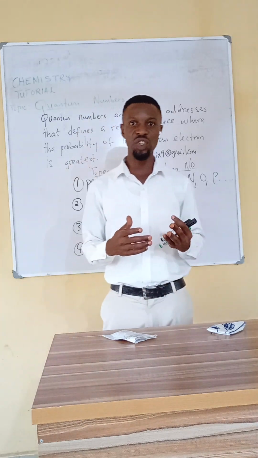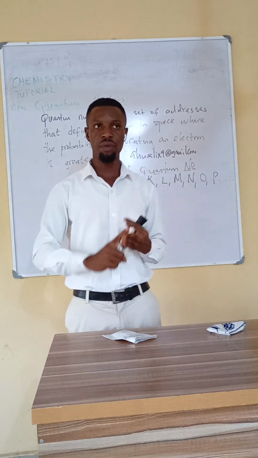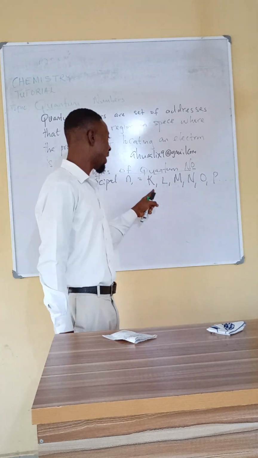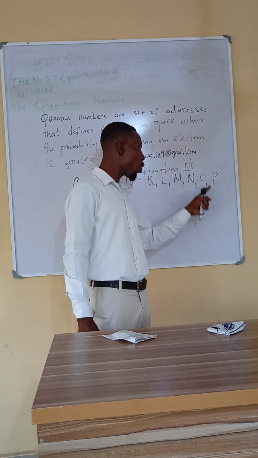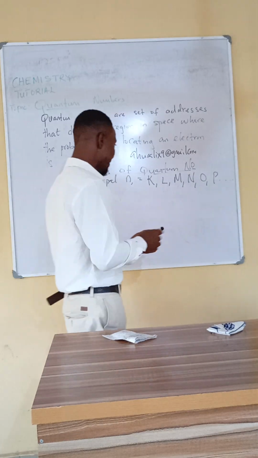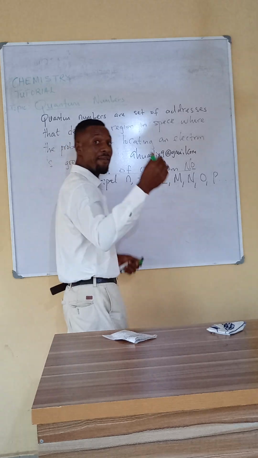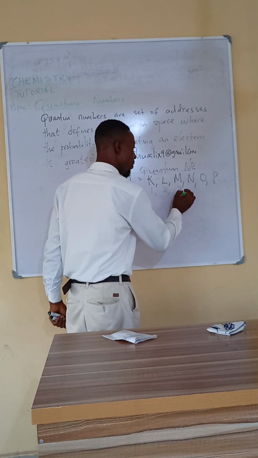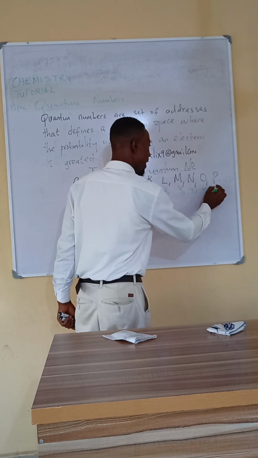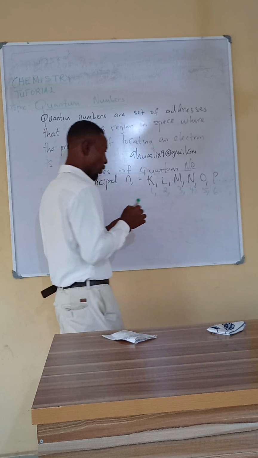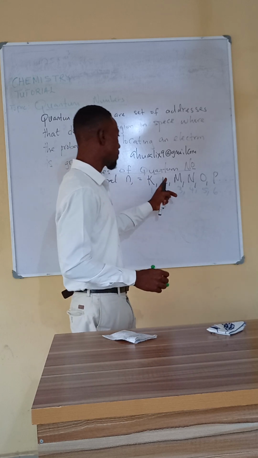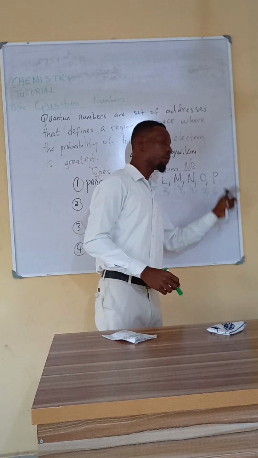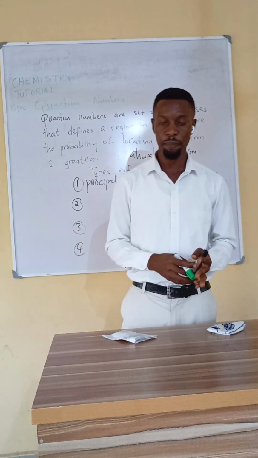It can take positive values such as 1, 2, 3, 4, 5, 6, and so on, where 1 corresponds to K, 2 corresponds to L, 3 corresponds to M, 4 corresponds to N, 5 corresponds to O, 6 corresponds to P, and so on.